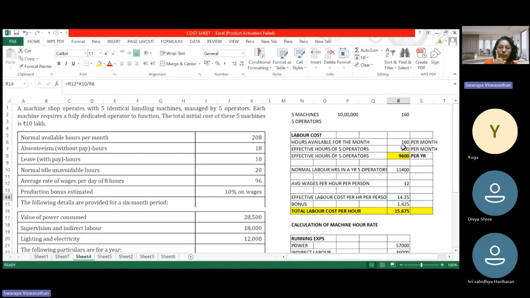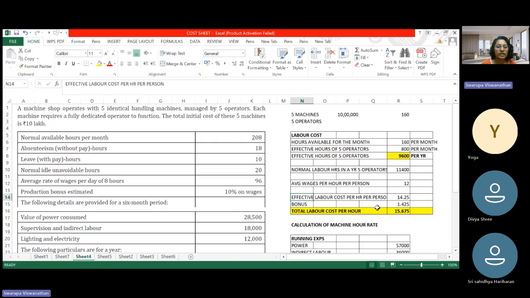So 12 rupees per hour is for 11,400 hours. So if I have to adjust it for 9,600 hours, it will be 12 rupees into 11,400 by 9,600. That will give us the effective labor cost per hour per person.